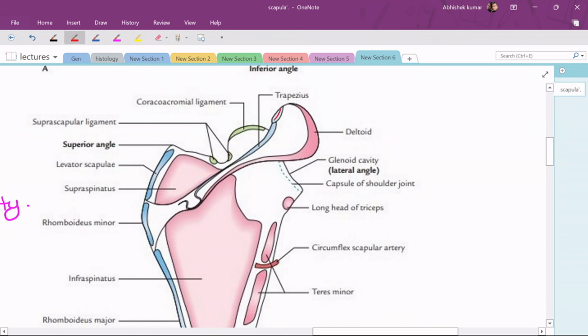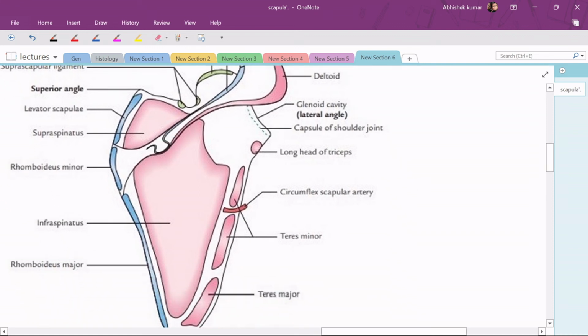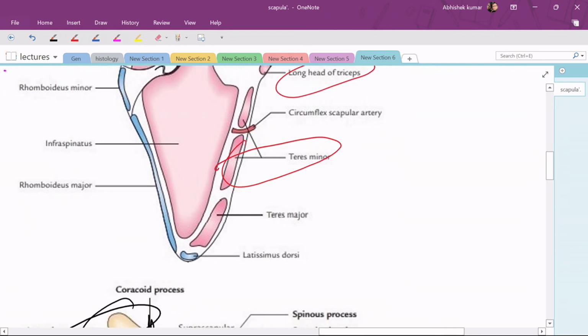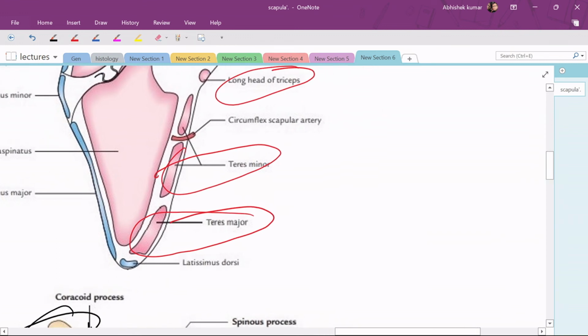So here on the spinous process, your trapezius muscle attaches. All other things are the same. Here teres minor attaches. Here long head of triceps, as I told you. Teres major attaches here. You should know that in the case of teres muscles, the major is on the lower side and the minor is on the upper side.